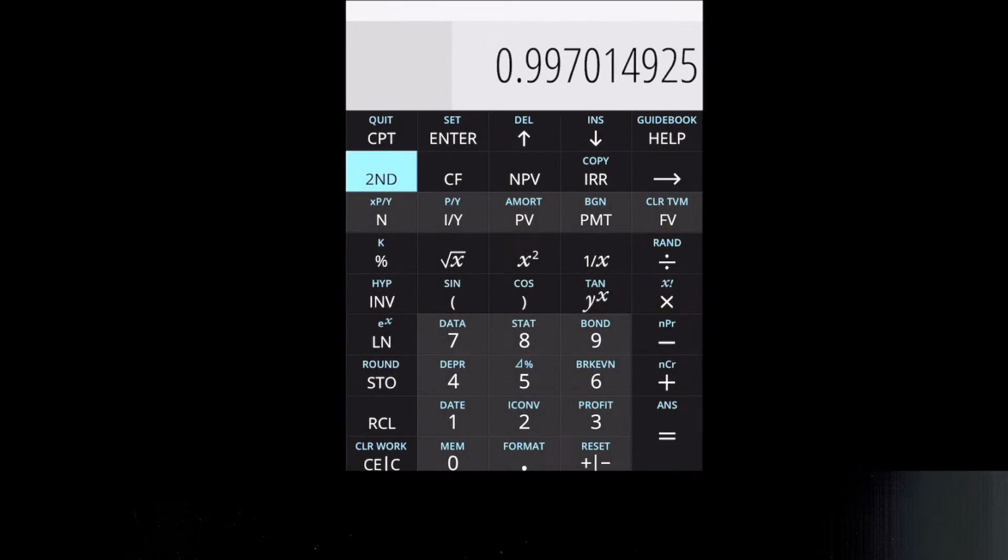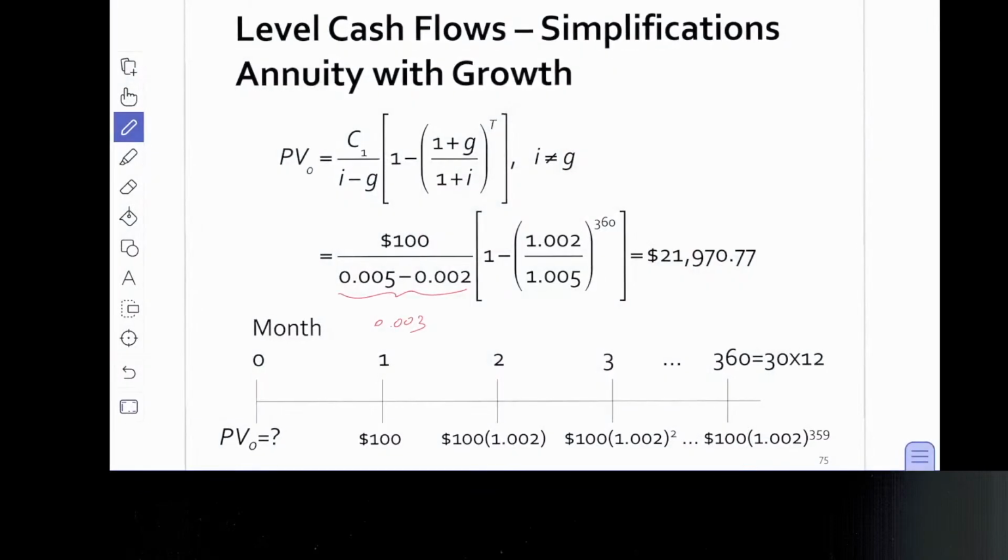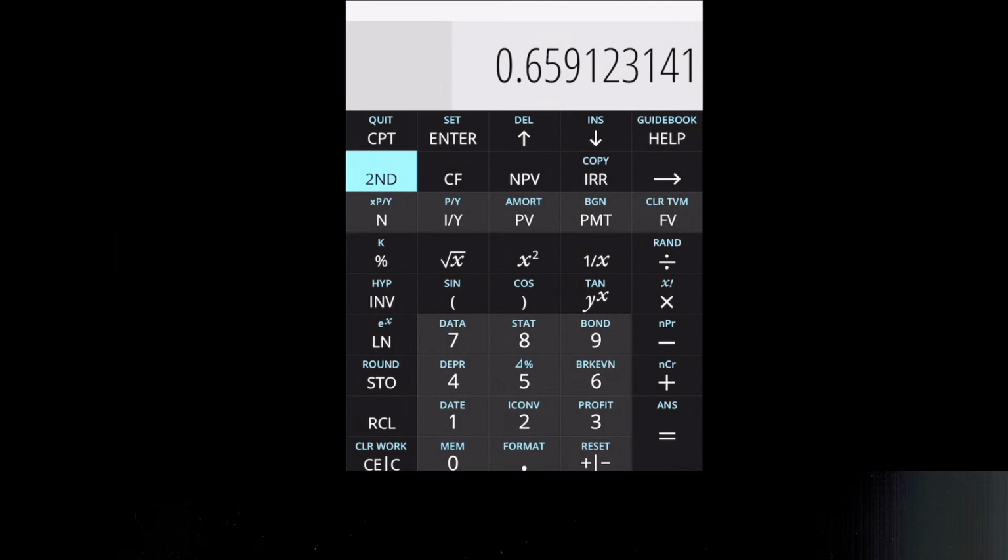I'm going to raise it to the power of 360, so 360 periods. Then I'm going to make it a negative and add to 1. So that's the square bracket. I'm going to multiply by 100 and divide by 0.003. So multiply 100 and divide by 0.003, and that is my answer. It is worth $21,970.77.